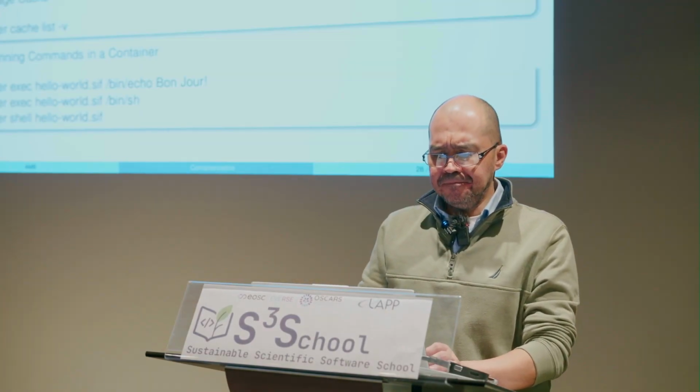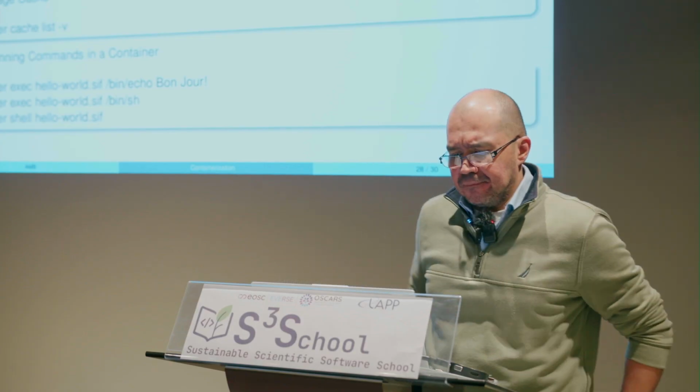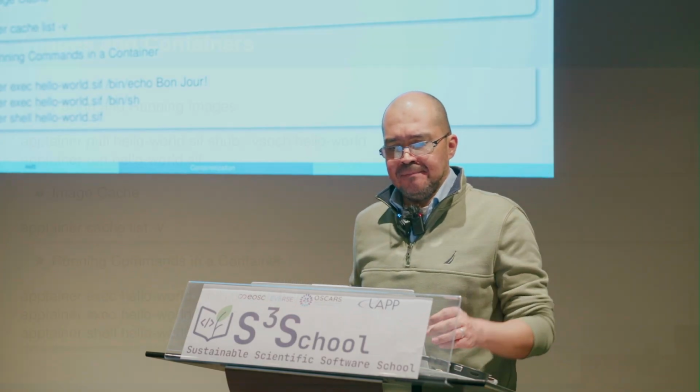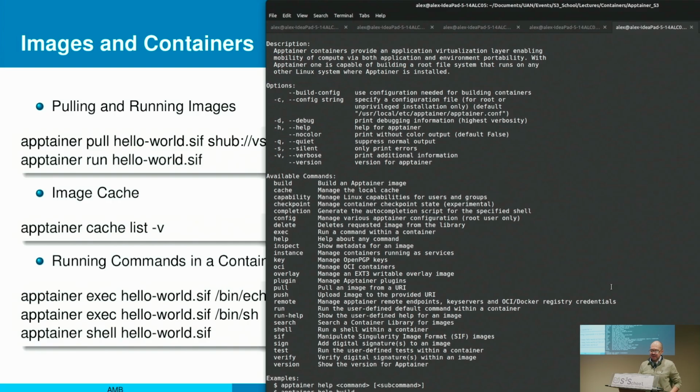Okay, so we're going to pull an image using Apptainer. For Apptainer, I have this version 1.20. If you have a different version, that's fine. It should work without any problems. We also have a help command if you want to take a look at this.